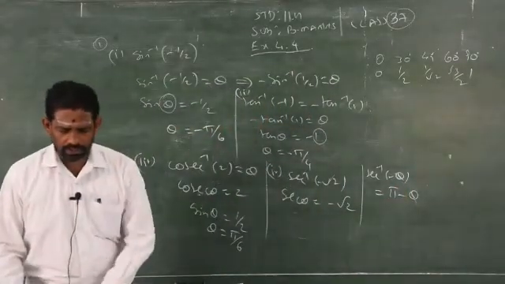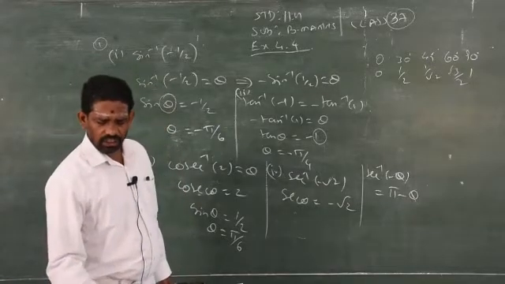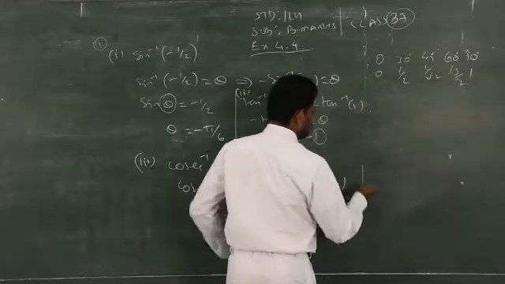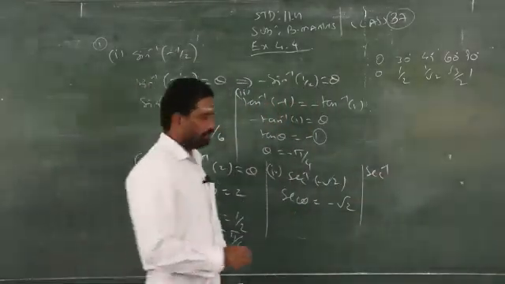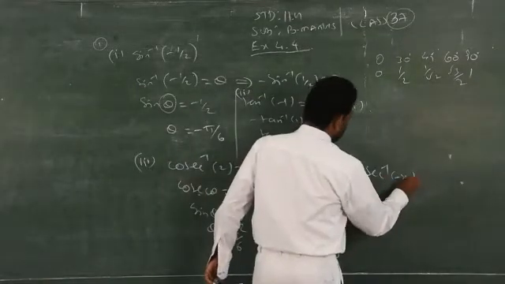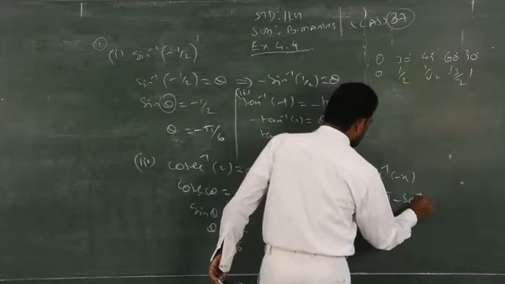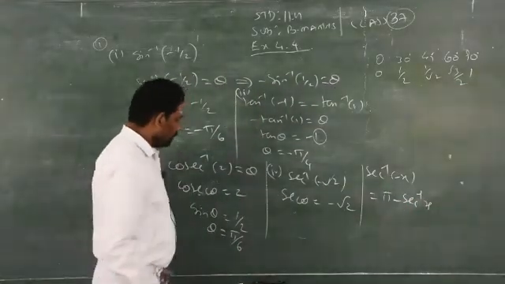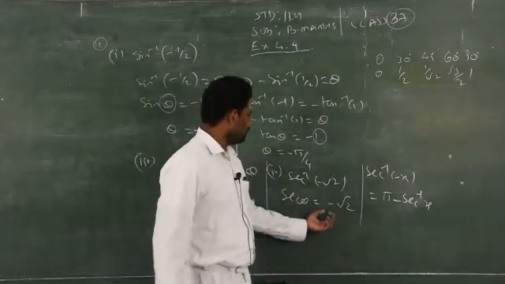The formula is there very clearly. Secant inverse of minus x is equal to pi minus secant inverse of x. This is the formula. So I am going to apply this formula. Very simple, it doesn't matter about the negative sign.